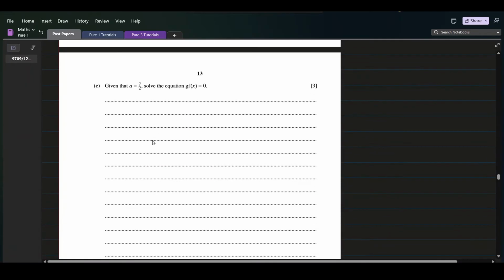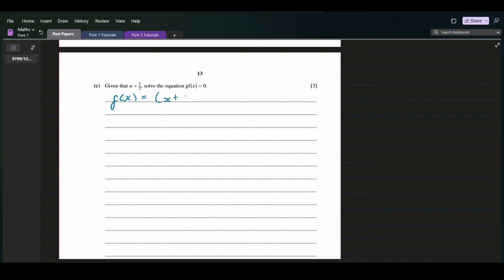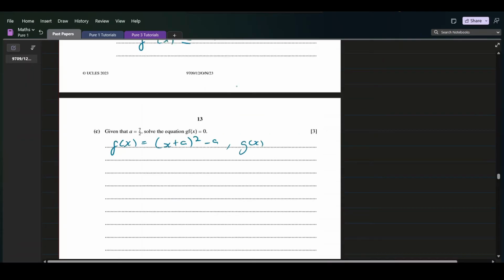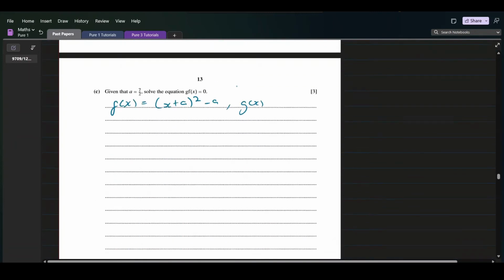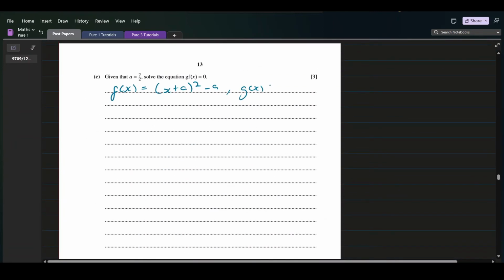Part C, given that a is equal to 7 over 2, so the equation g f of x is equal to 0. Okay, so we had f of x being equal to x plus a squared minus a, and g of x is 2x minus 1.